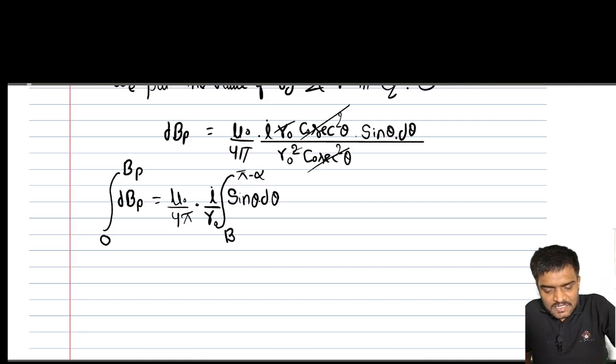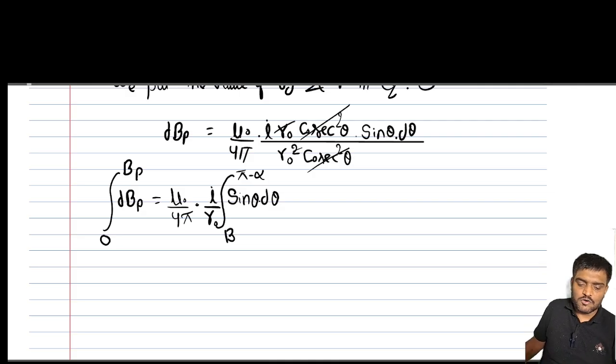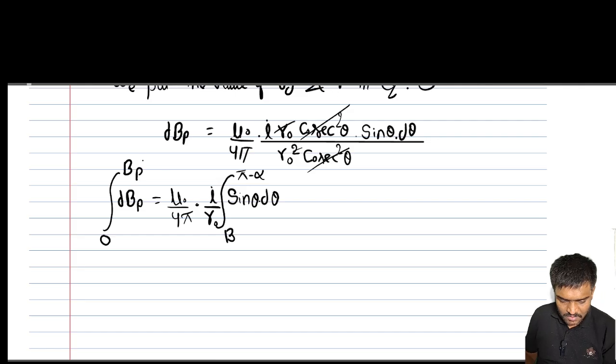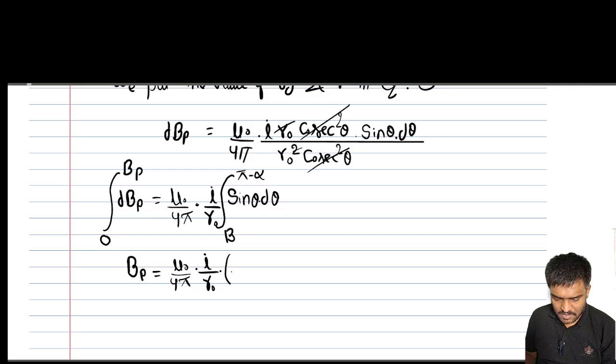So after integrating, integral of sin theta is equal to minus cos theta. Okay, so Bp is equal to mu naught upon 4 pi, I by r naught, in brackets cos theta from beta to pi minus alpha.